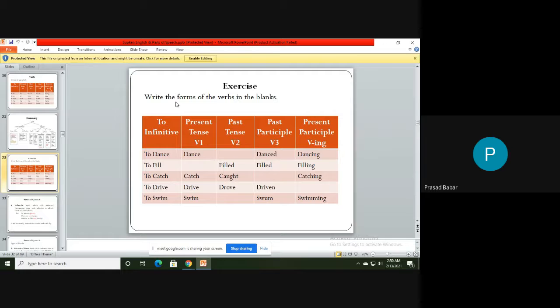The second example is to fill. Its present form will be fill, its past is filled, its past participle is filled, and its ing form is filling. The third example is to catch.